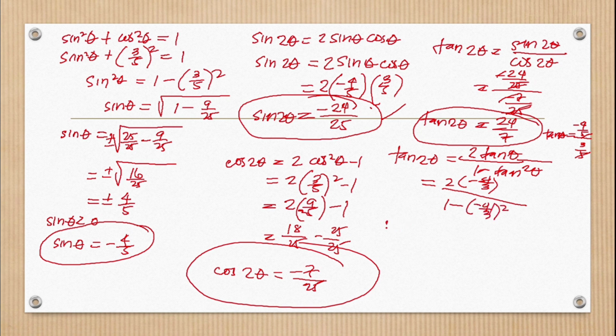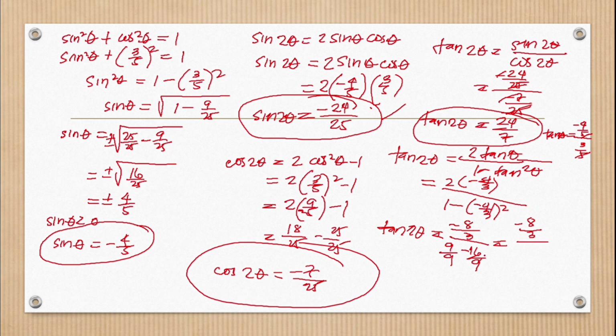So tangent 2 theta, if we simplify that, we have negative 8 over 3 over, this is squared, 16 over 9. So 9 over 9 minus 16 over 9. If we equate this, negative 8 over 3 over, what is 9 minus 16?